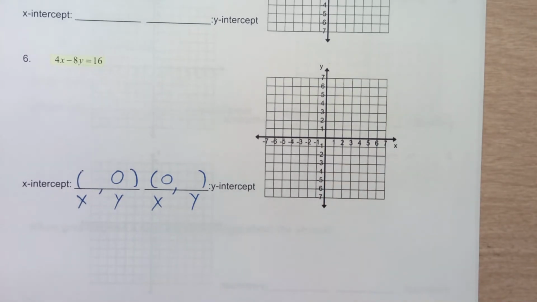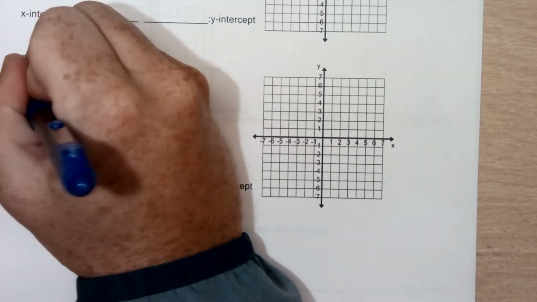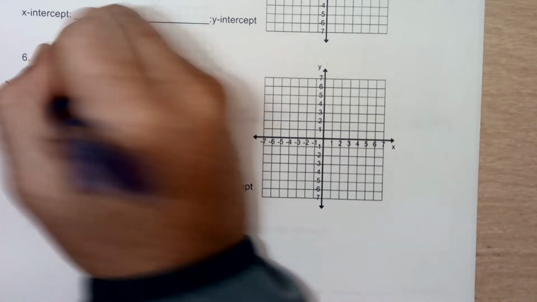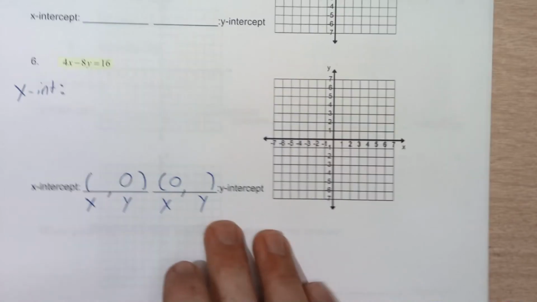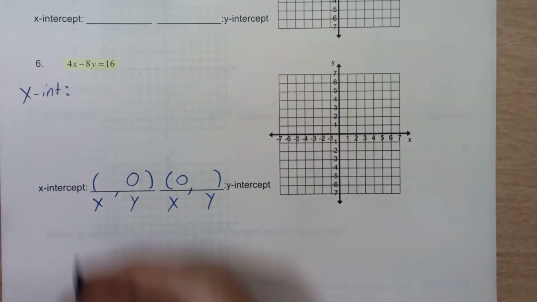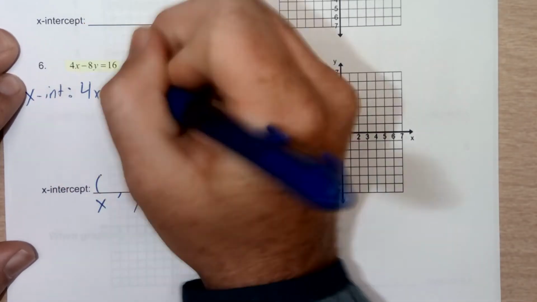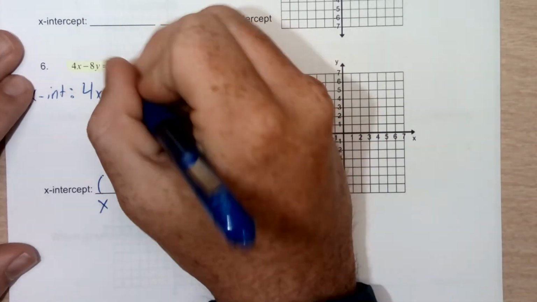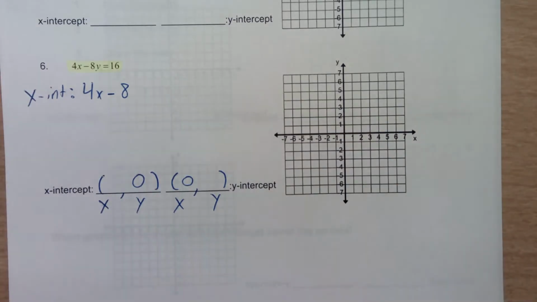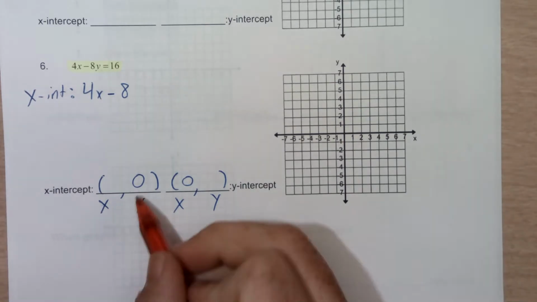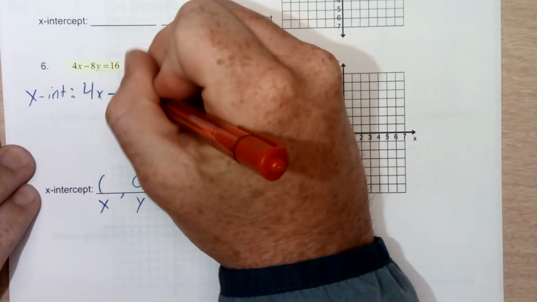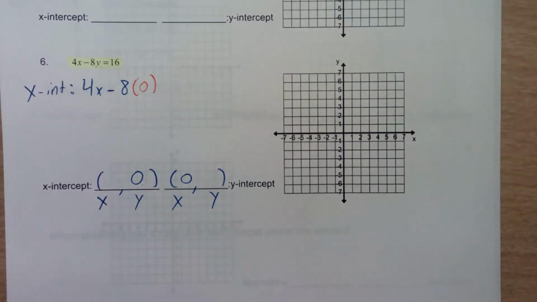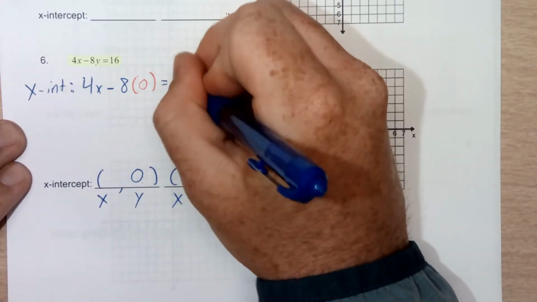So for my x-intercept, we are going to take our parent equation up here, right? So we have 4x minus 8. And now I'm going to stop because I'm not going to put y because we know what my y is, right? I know that my y is going to be 0. So instead of times y, I'm going to put in parentheses a 0, and then I put equals 16.